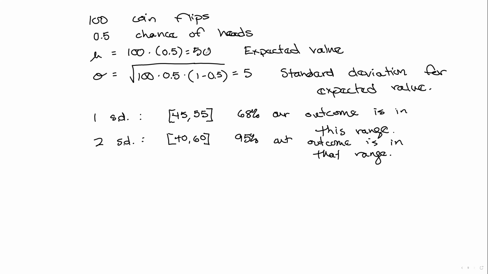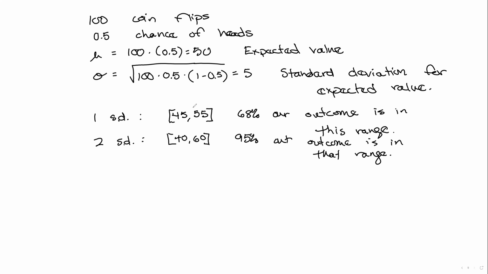You could get a range of possibilities if you actually did this. So you can go ahead and do it. Take a coin, flip it 100 times and count the results, okay? Your guess is that 68% of the time when you do this, your results should be in this range. Your results should be between 45 and 55 coin flip results.